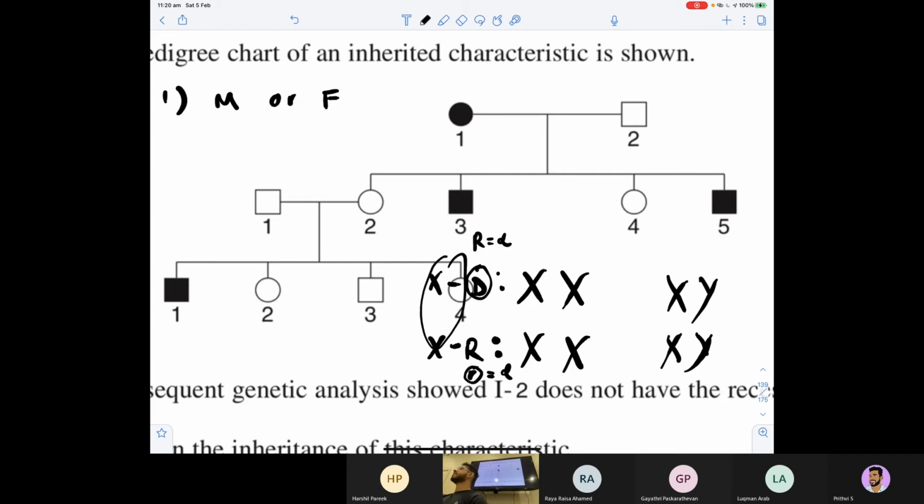So let's think about this. In an X-linked dominant condition, if a female has even 1 capital R, what does she have? Disease, right? Because even if she gets a healthy little r, that dominant allele will fully express itself. What about in an X-linked recessive condition?